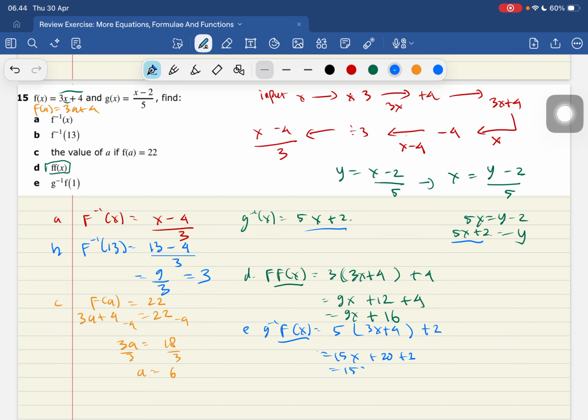So this is 15x plus 22. Okay, let us find g inverse of f of 1. So this is 15 times 1 plus 22. So the answer is 37.